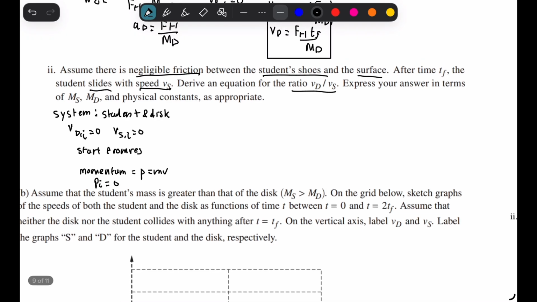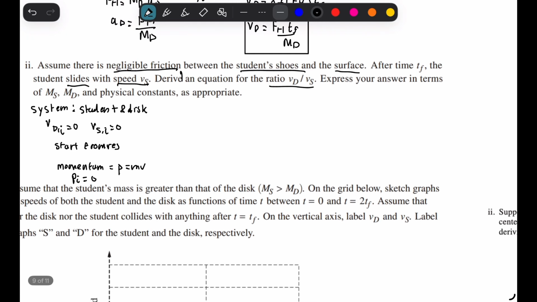And because we have negligible friction with the ground, there are no net external horizontal forces on the student-disc system.